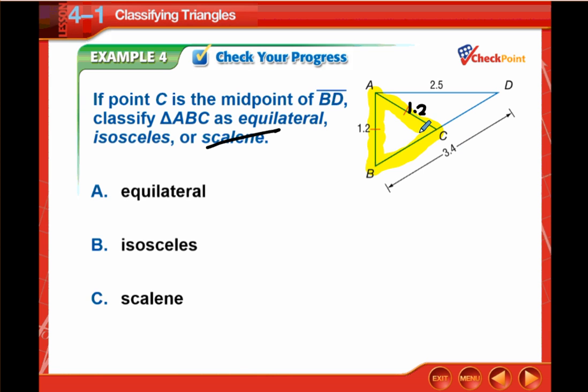If we take half of 3.4, half of 3.4 is 1.7. So now comparing the three sides, we can see that we have two sides congruent. We do not have three. So we can eliminate a scalene, we can eliminate equilateral. Triangle is isosceles.